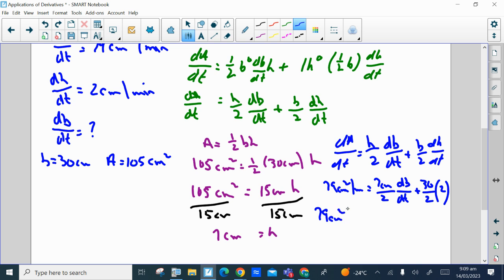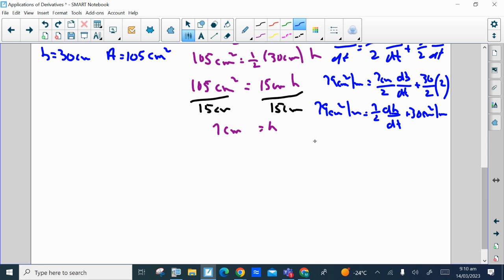But I've got 79 centimeters squared per minute equals 3.5, or 7 over 2 dB by dt. I guess what I could have done here, I could have just subtracted the 30 from both sides because the 2's cancel. But anyways, that'll be 30 centimeters squared per minute. And now I'll subtract that 30 from both sides, which will give us 49 centimeters squared per minute equals 7 over 2 dB by dt.